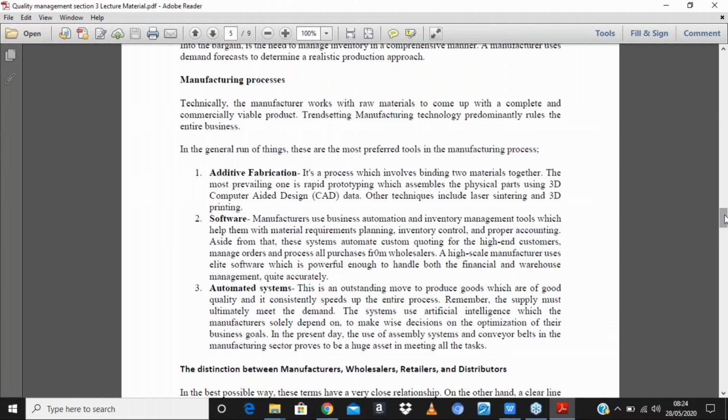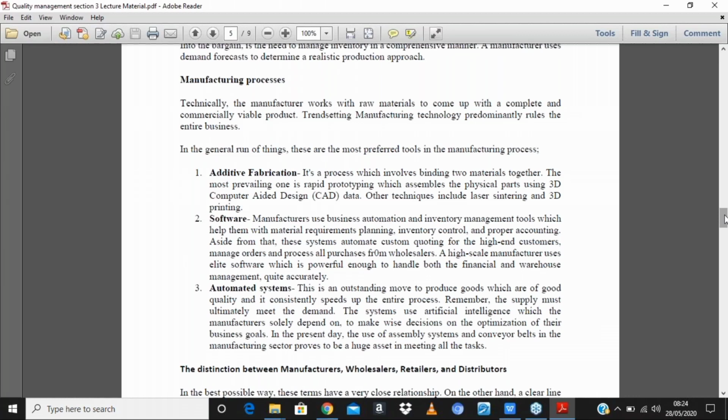You could have additive fabrication, which is the aspect of building, the aspect of binding two materials together. When you produce a prototype that resembles a physical product, you may use computer-aided design and technique, laser sintering, and all of that to do your additive fabrication. You use computers and the rest of that to do your plan and your design.